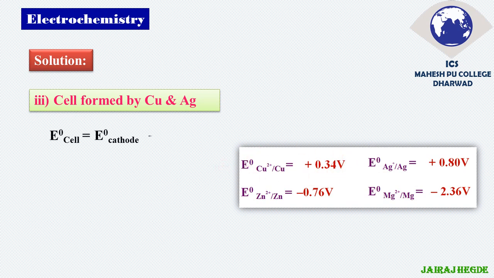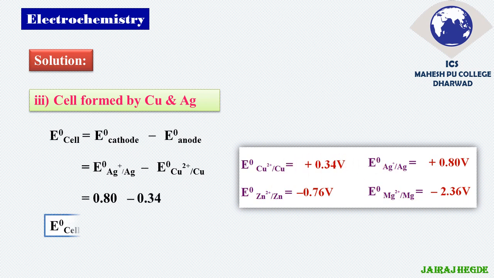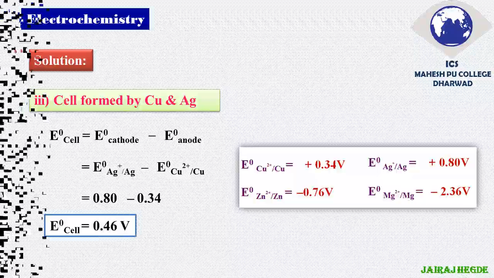So E cell will be E cathode minus E anode, that is E naught of silver and E naught of copper. So silver electrode minus copper electrode, the value comes plus 0.80 minus plus 0.36. It's minus 3.36.